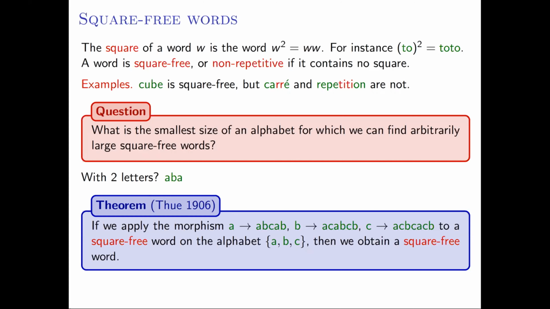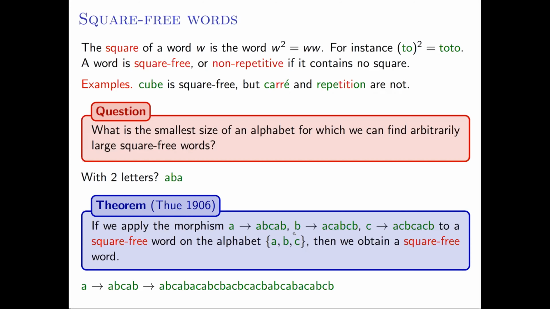You apply some morphism iteratively. A morphism means you replace the letter A by a new word, the letter B by a new word, and so on. So you start with A and you replace it by ABCAB. And in this word, you replace the letter A again by ABCAB, but B you replace by ACABCB and C by ACBCACB. When you do that, you have a new word, and you can repeat this over and over again.